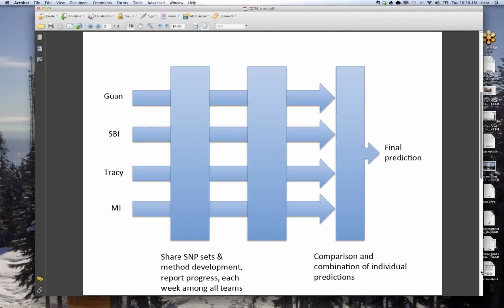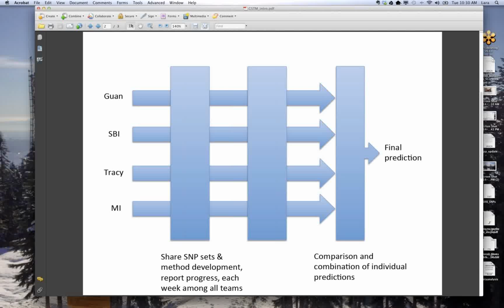We think that the development of the predictive model can be mainly divided into 2 parts: first the SNP selection, and then the prediction model. These 2 parts are relatively independent. So the 4 teams are still working on their own models and SNP sets, and trying to improve based on the previous method and SNP sets.